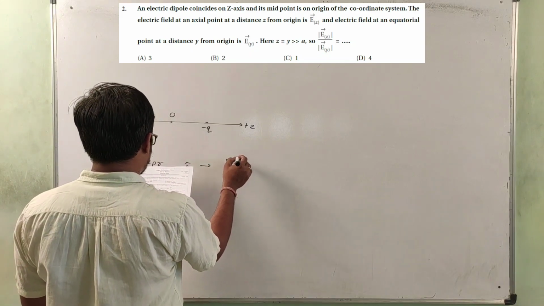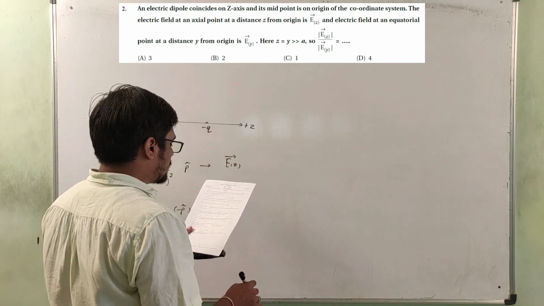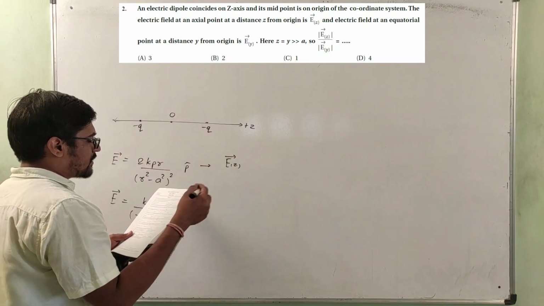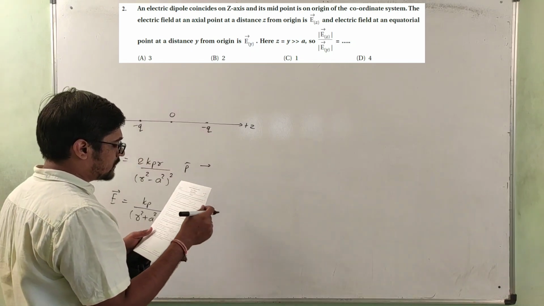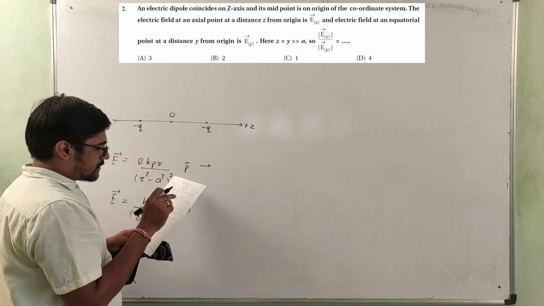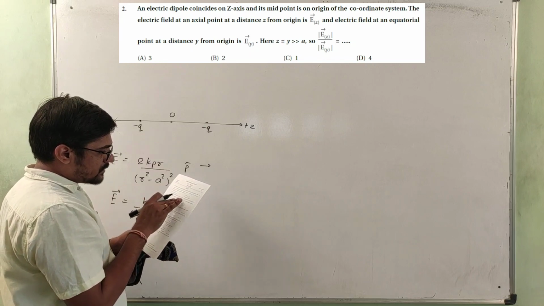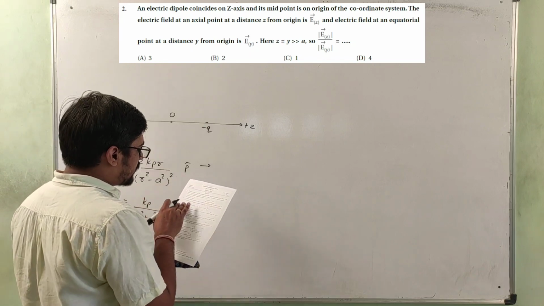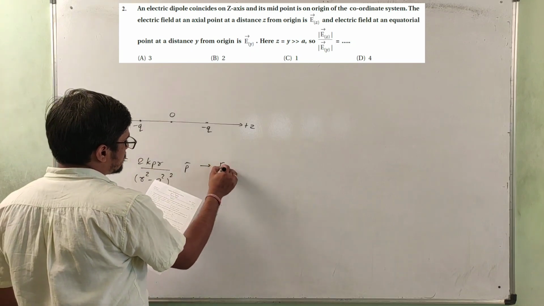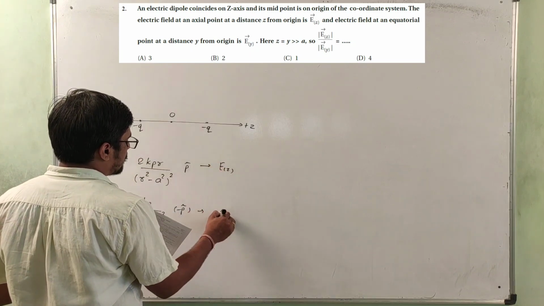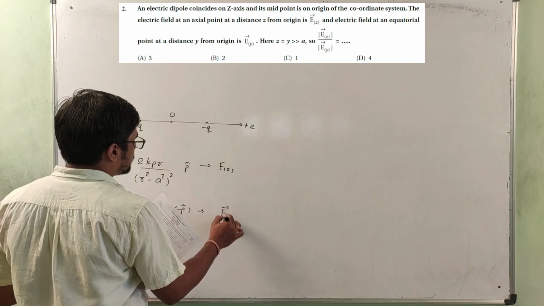And here it is given z equal to y equal to a. So both distances are the same on the equatorial point and on the axis. Read the question further. The electric field at the equatorial point at a distance y from the origin is Ey. So on axis electric field is Ez, and on equatorial plane electric field is Ey.